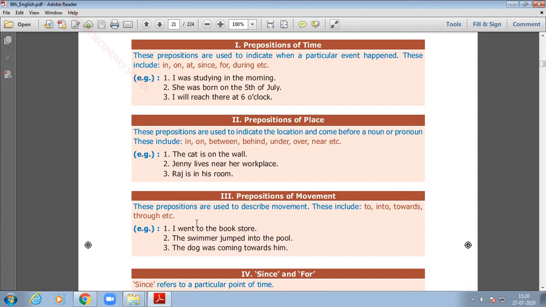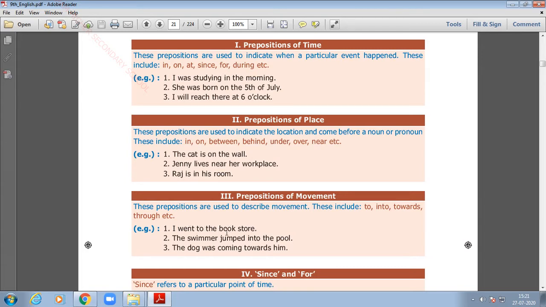Okay. Pre means before, position means place, the word placed before a noun. And here we are talking about the bookstore. Bookstore is a noun, I is also a noun. Where have you placed a preposition? It's before the bookstore.